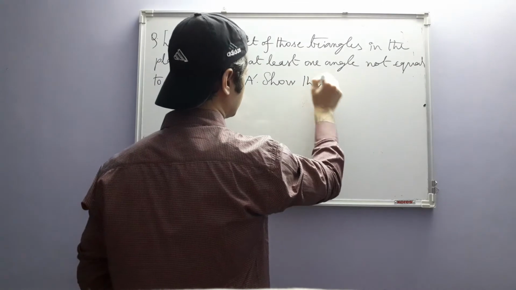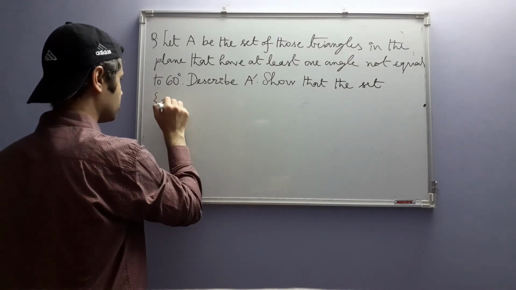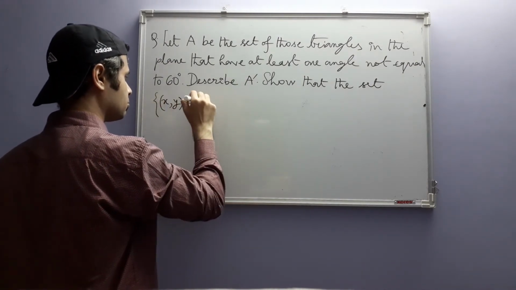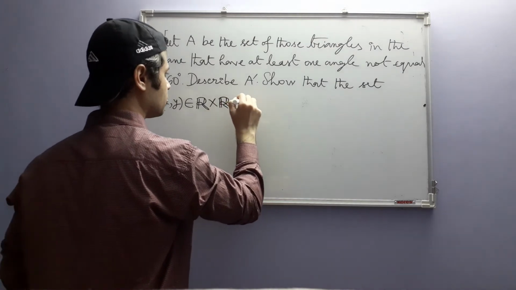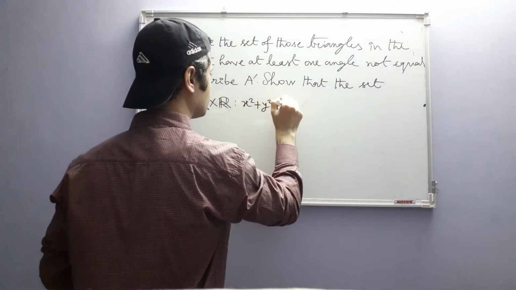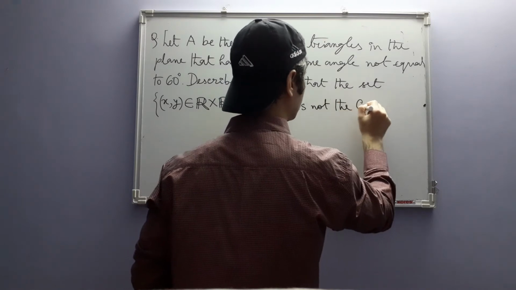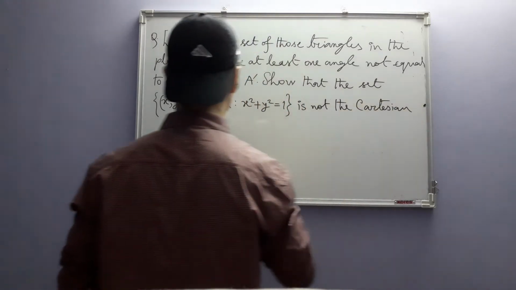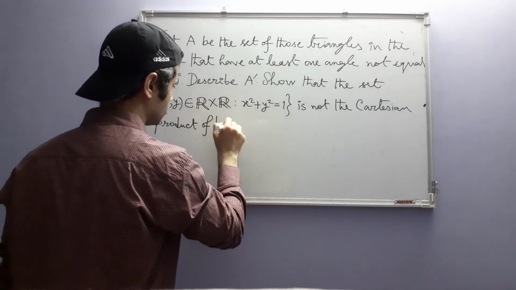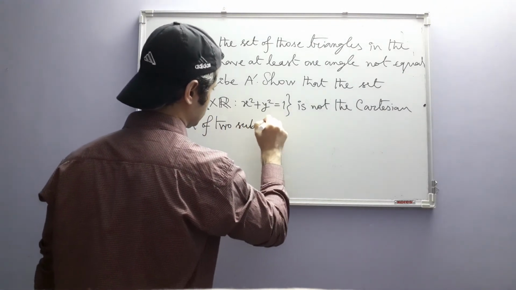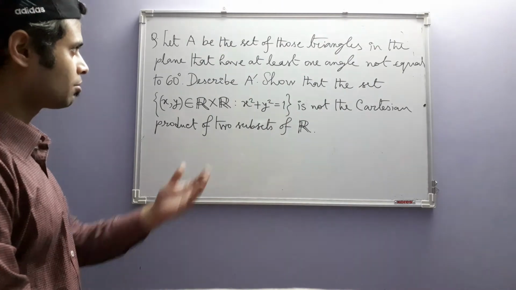Show that the set is not the Cartesian product of two subsets of R. The second one looks more complicated than the first one.